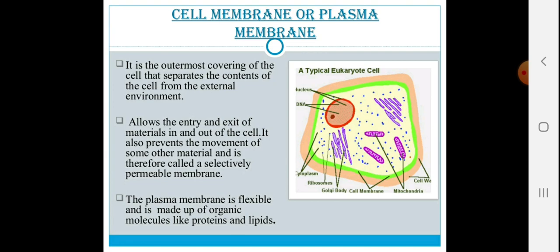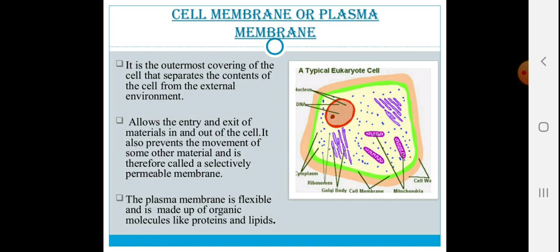Let's discuss what we mean by the cell membrane. It is the outermost covering of the cell that separates the contents of the cell from the external environment. So it basically separates the cell from the outer environment.